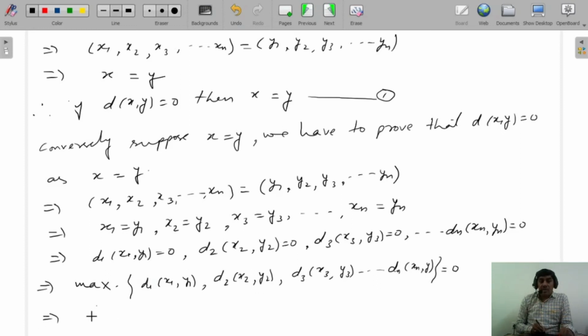This implies maximum, i varies from 1 to n, di(xi, yi) is equal to 0.